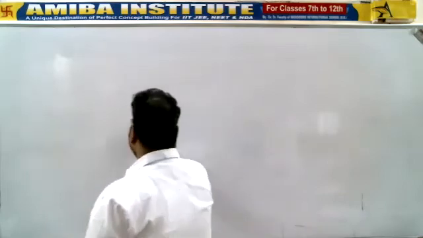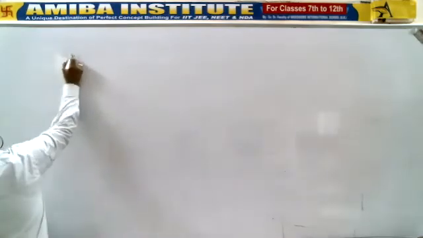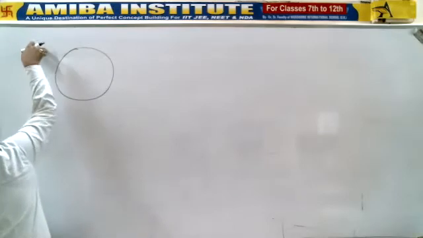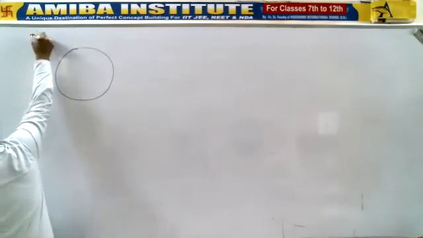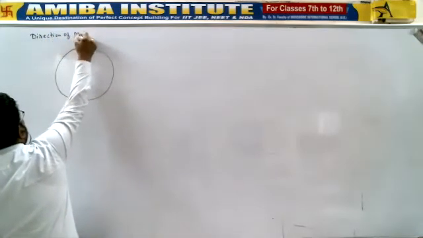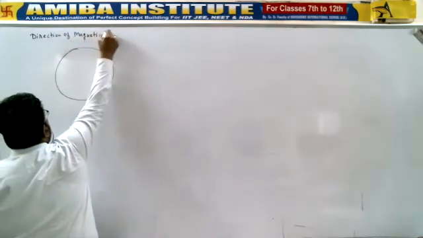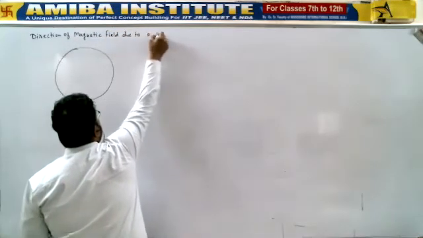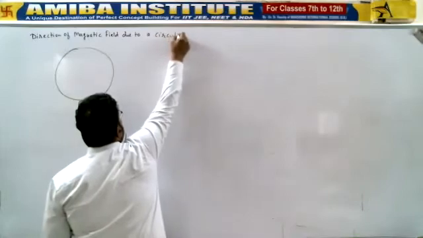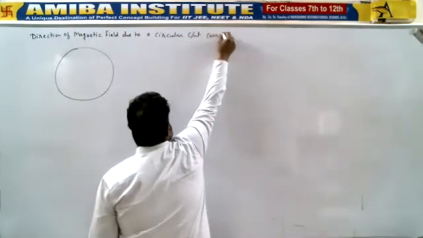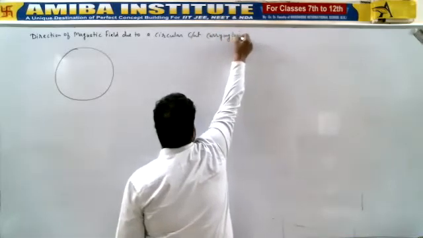So we are going to discuss right now the direction of magnetic field due to a circular current carrying loop or coil.